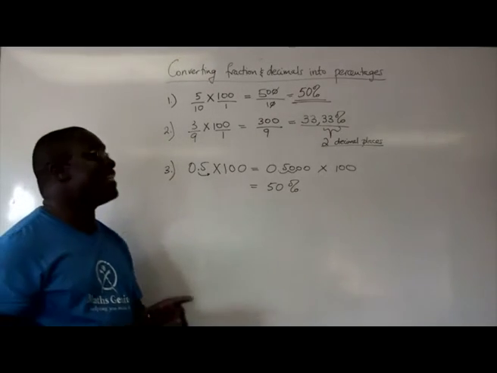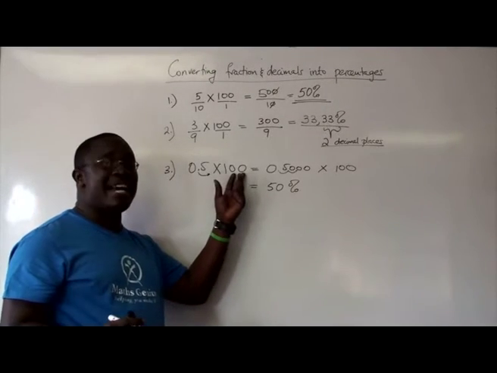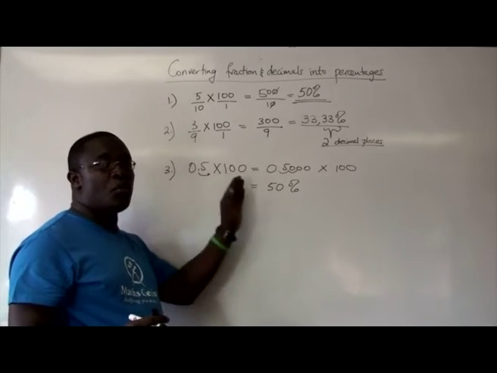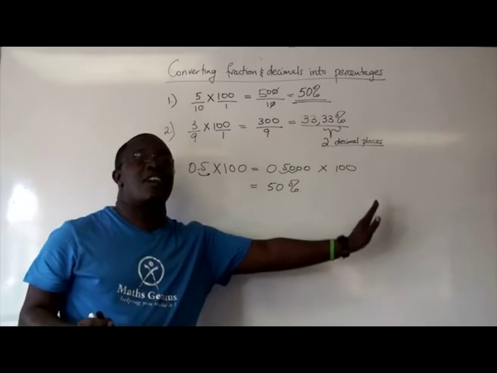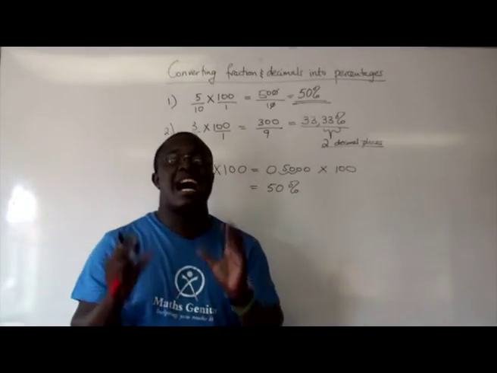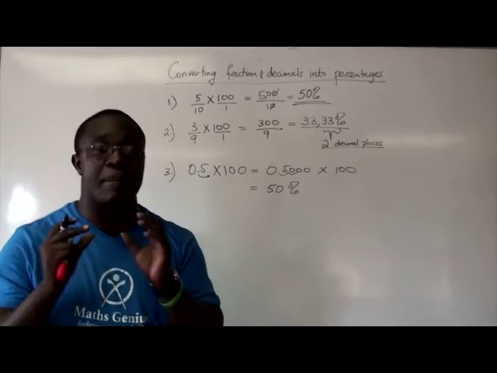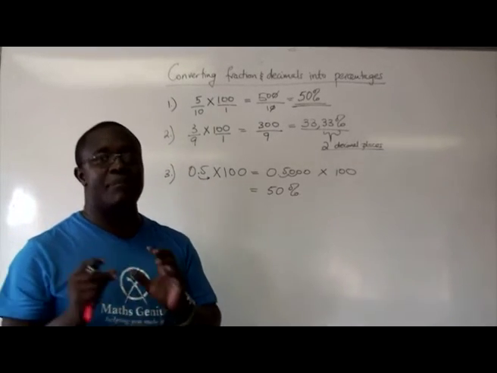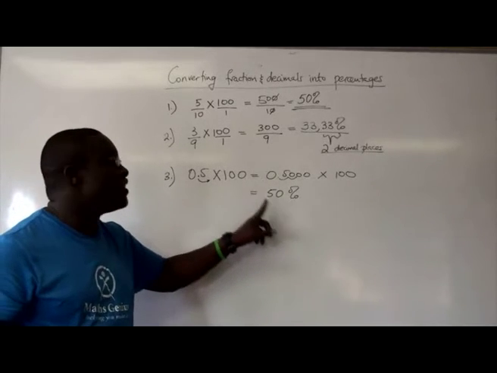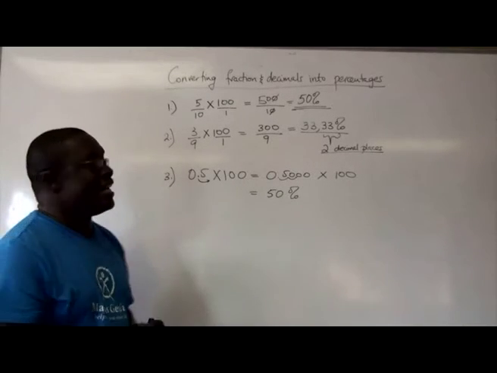So what we've simply done is, by multiplying by 100, we have shifted the position of the comma 2 places to the right. So whenever you're given a decimal and asked to convert it into a percentage, simply multiply by 100 and you get your answer. Let's try another one.